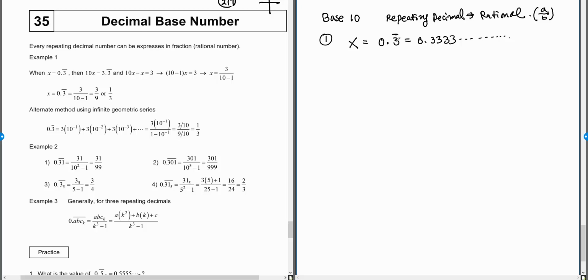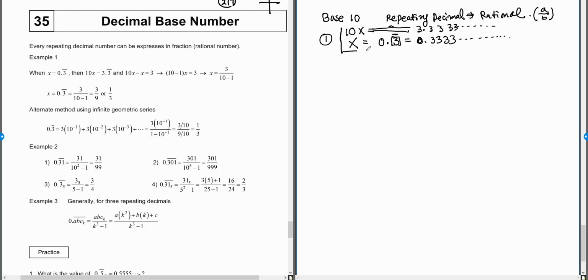There is only one number repeating, right? So we're gonna move this number, one digit, to the front. How? Times 10, isn't it? 10 times x is what? The 3 is moved past the decimal. Now I'm going to extend this one up here. 3 point 0.3, 3, 3, 3, keep going. Is it okay? Alright.